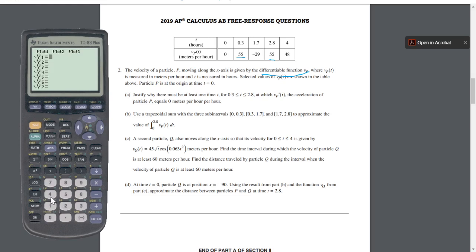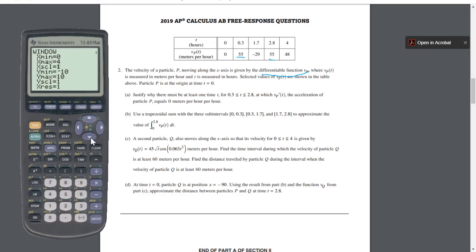And let's type this in. So I have 45 times the square root of x, and cosine of 0.063 x squared. So our window is going to be x between 0 and 4.